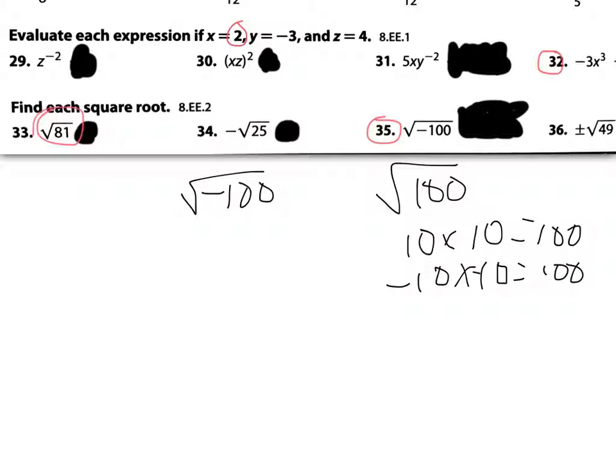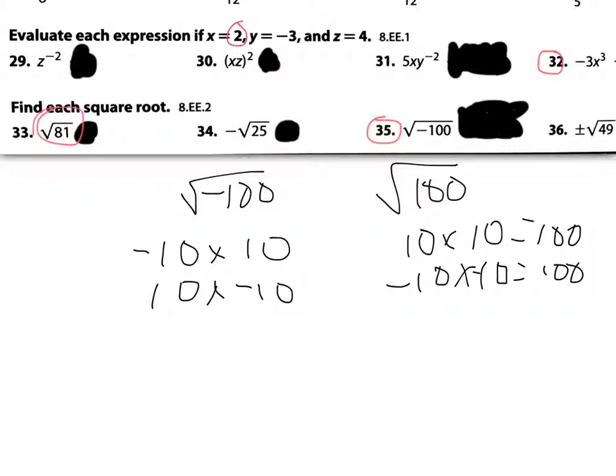But is there ever anything that you can multiply times itself to get a negative? The only way you can get a negative is if you multiply negative times a positive, or the opposite. So those are not the same numbers. Remember, those are quite a bit different from each other. So this one, there is no number.